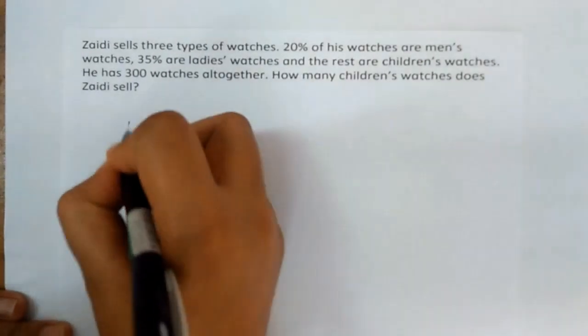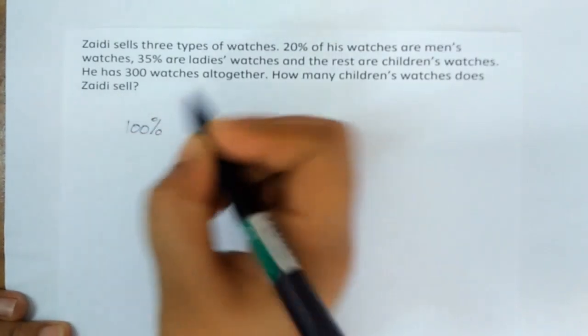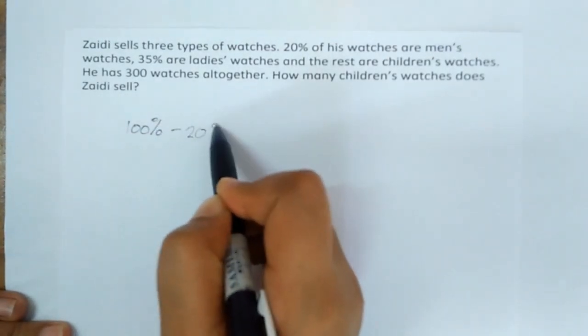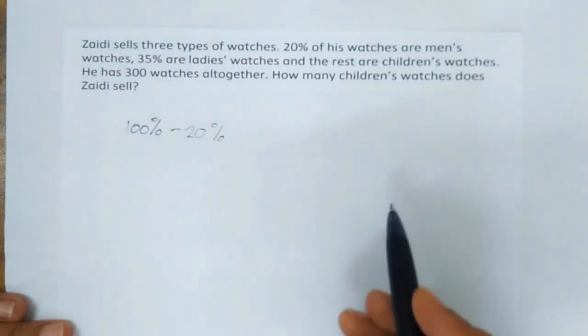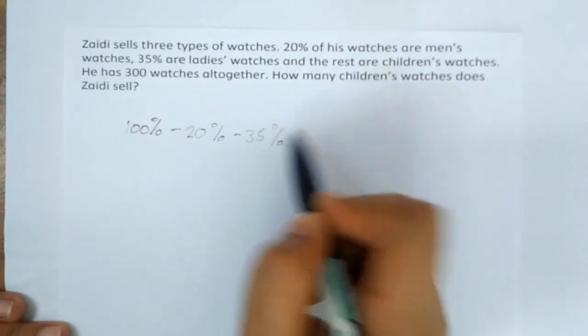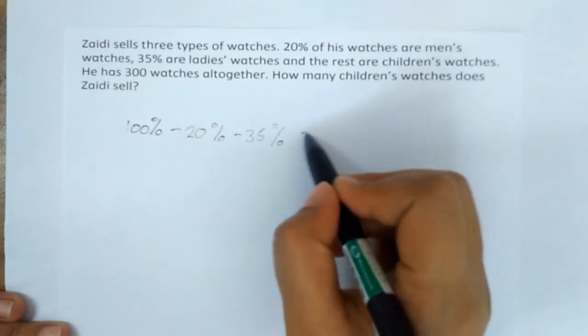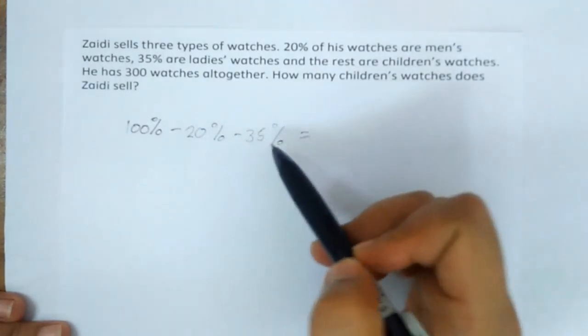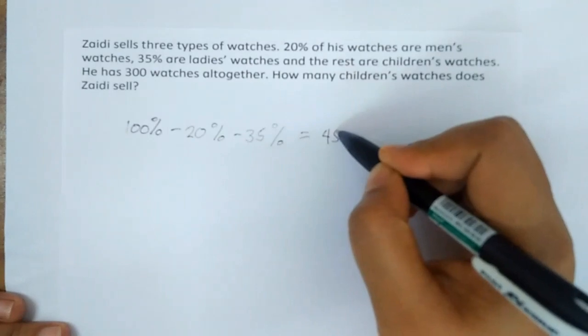So total is 100%. Let's subtract 20%. Women, we have 35%. Subtract also 35%. So let's subtract 100 minus 20 minus 35. It will be 45%.